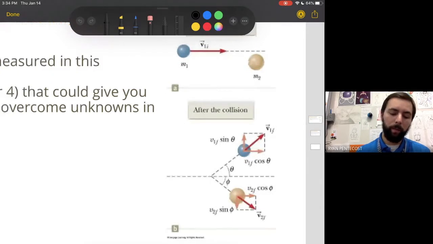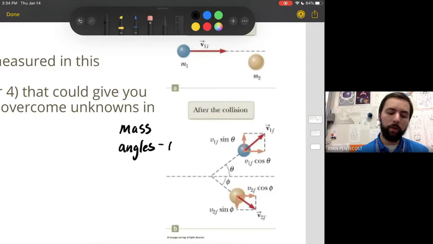We've got M1 and M2. Okay, you can measure mass. And I'll just call it mass, right? You can measure mass. Okay, you can measure the angles. Notice that this is theta, and we have this Greek letter phi down here.